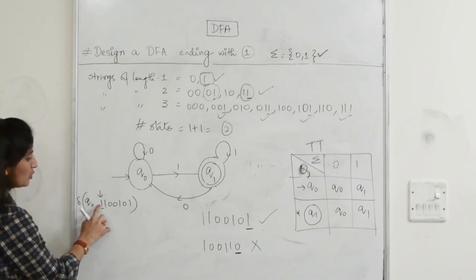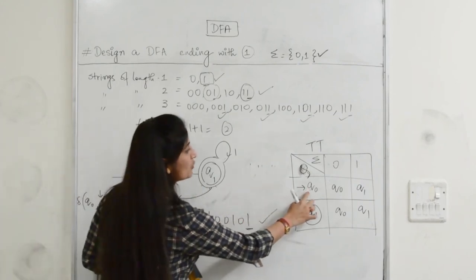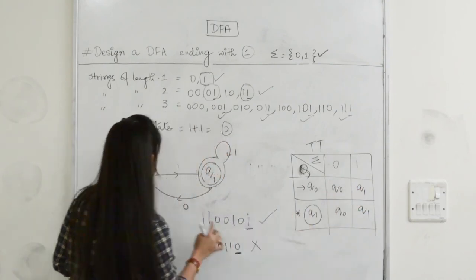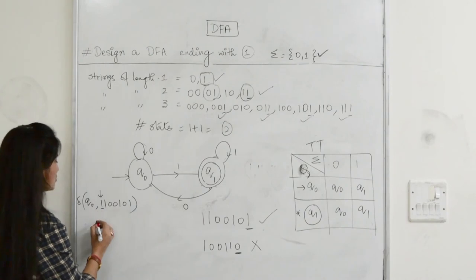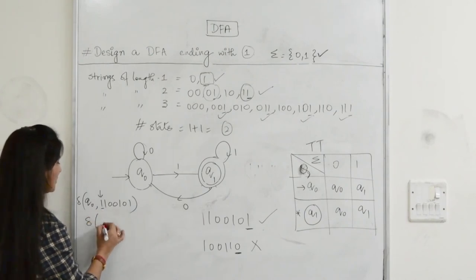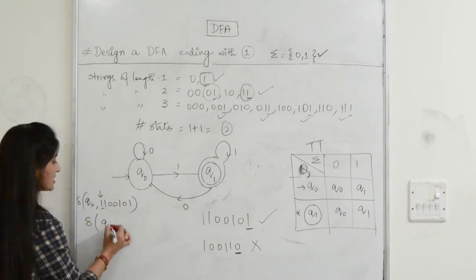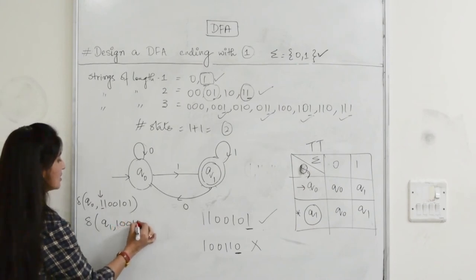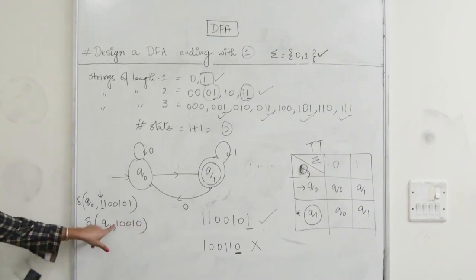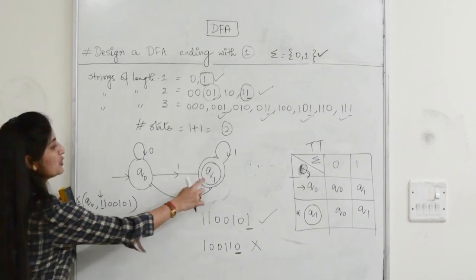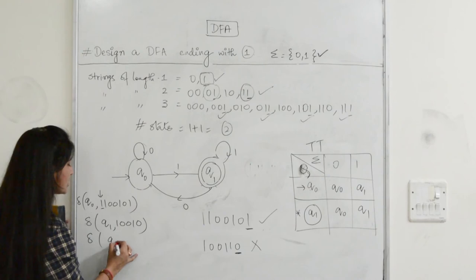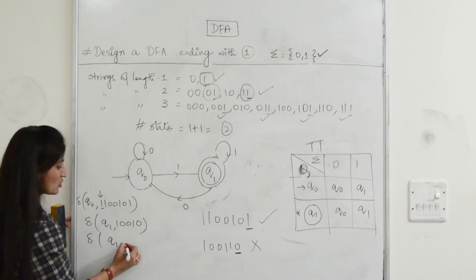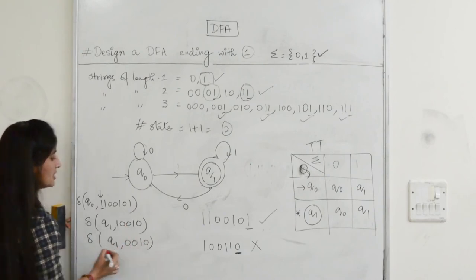On Q0 when you input 1 you reach Q1. So the transition will be Q1, and we have processed this, so we are left with this. Now again on Q1 when I process 1, it reaches Q1. So again I am on state Q1, but I have processed this 1, so I am left with 0010.